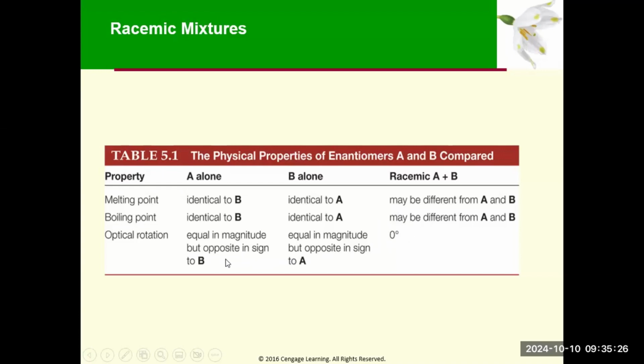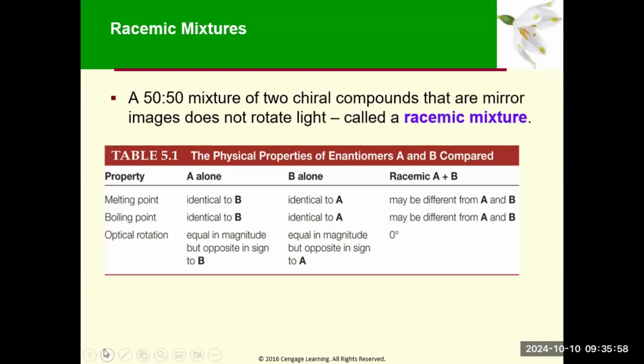Now, let's look at the optical rotation. The optical activity of A is going to be the opposite sign of B. Therefore, if A, for example, was positive 23, B would be negative 23. So the enantiomers are going to have equal magnitude of rotation, but in the opposite direction. One would twist it clockwise, the other one counterclockwise with the same amount of magnitude.